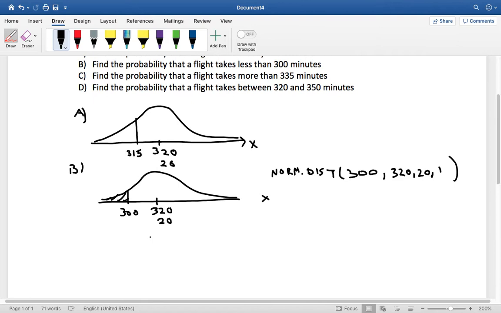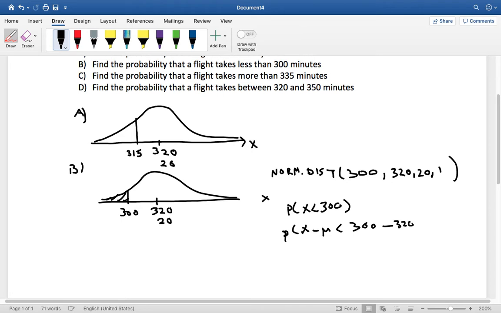We could have actually said we want to work out the probability that X is less than 300. What we're going to do is subtract the mean from both sides, and the mean is 320 here.